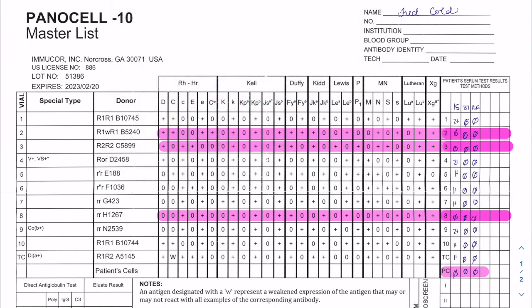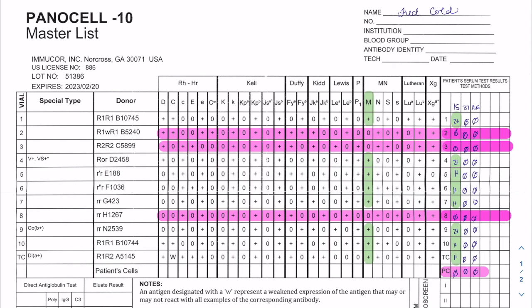So this one here, we're going to look at M. And if you remember, M is actually a cold reacting antibody. It's usually not an issue because it is usually an IgM. So it matches our positive reactions here. So this is a cold antibody reacting only at 37, and it has a specificity to M.